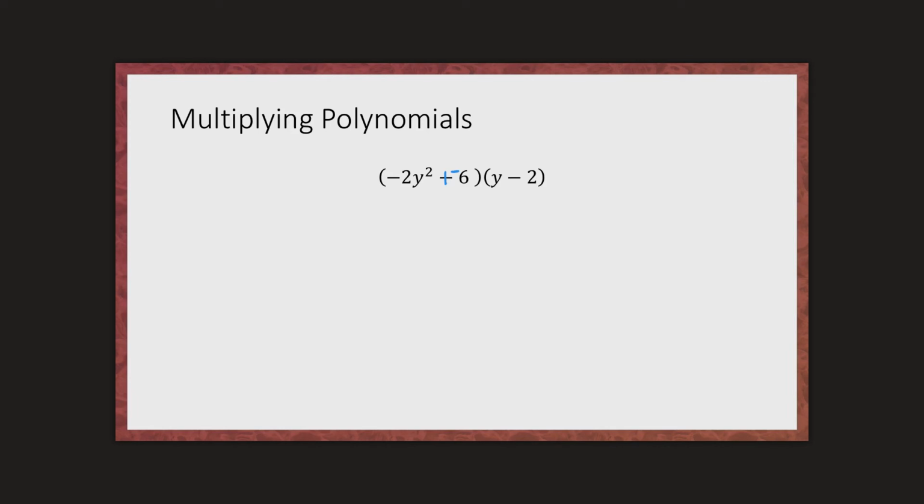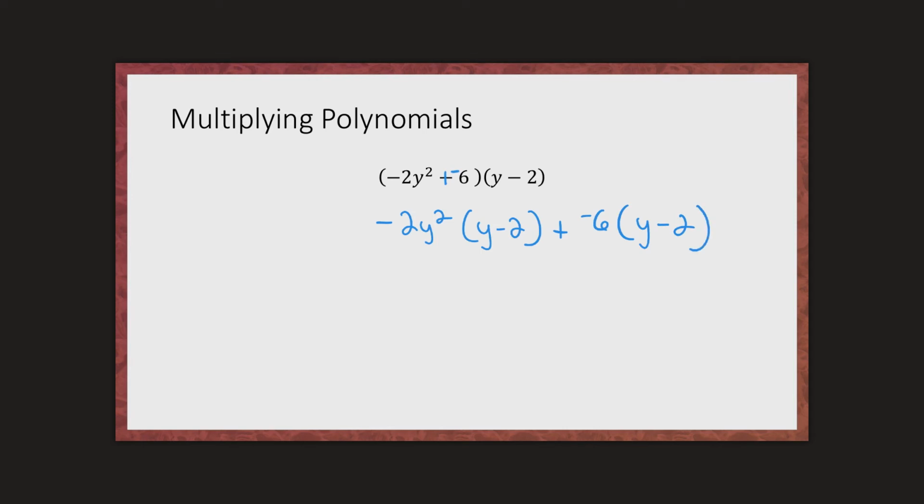So let's see how you would write this. So negative 2y squared, right out of the first part of the first polynomial, multiplied by the entire quantity y minus 2. And then I changed that minus sign to a plus just for this reason, watch. Plus negative 6 times the entire quantity y minus 2.